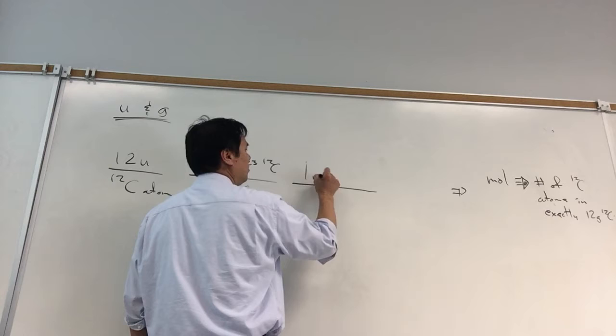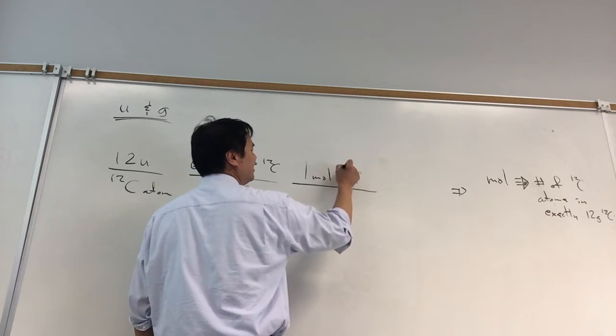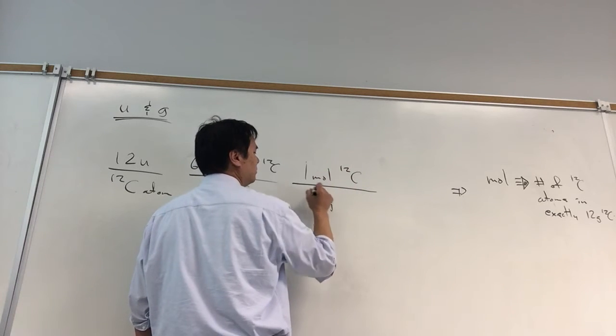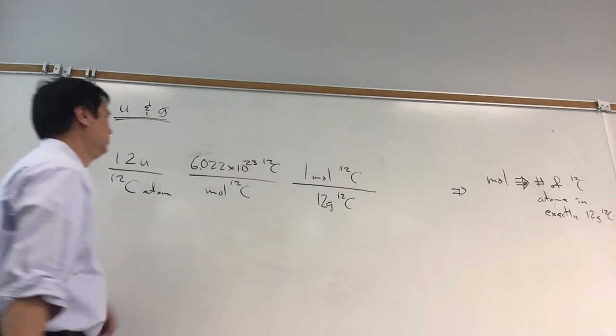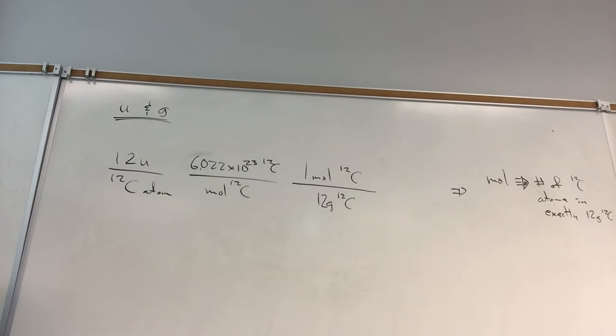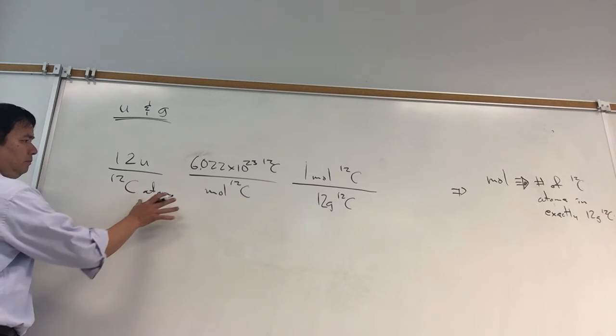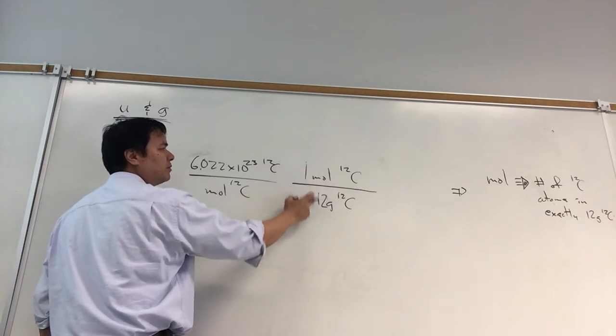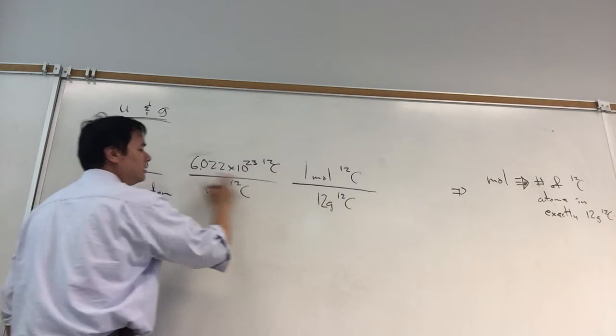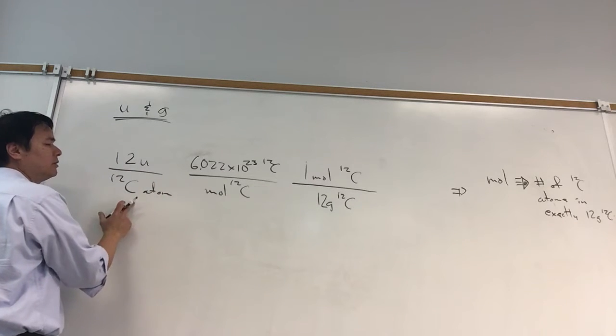And then there's 1 mole of carbon-12 atoms in exactly 12 grams of carbon-12. So why carbon-12? It comes from the dual relationship: 12 U per carbon-12 atom or 12 grams per mole of carbon-12. And so numerically they're the same, it's just we're looking at different amounts.